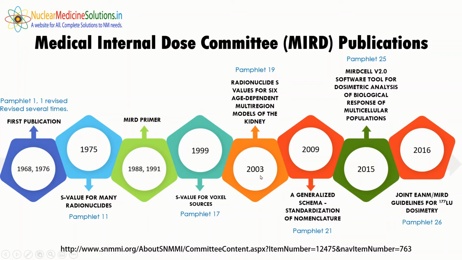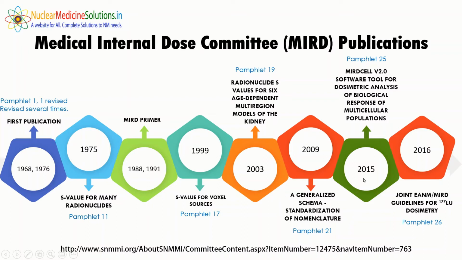In 2003, in pamphlet 19, radionuclide S values for 6 age-dependent multi-region models of kidney were published. In 2009, a generalized schema for standardization of nomenclatures was published in pamphlet 21.